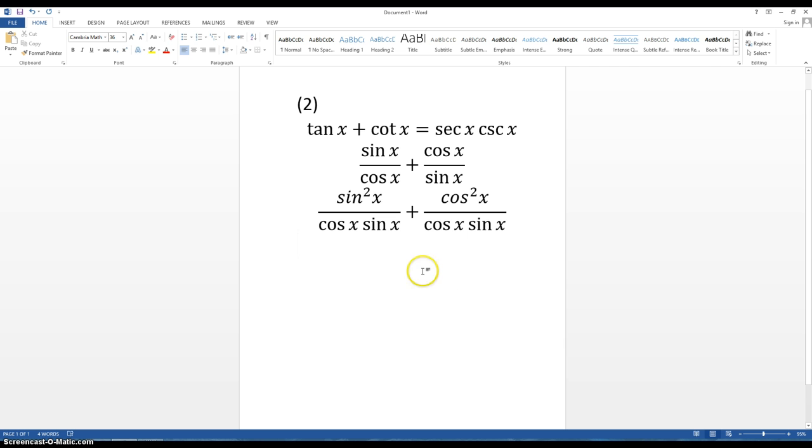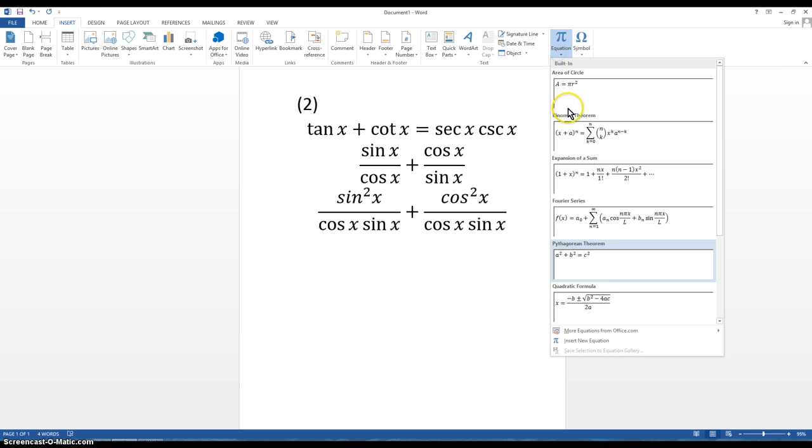Alright, well now that they have same denominators, what can we do with fractions with like denominators? We can simply combine them.